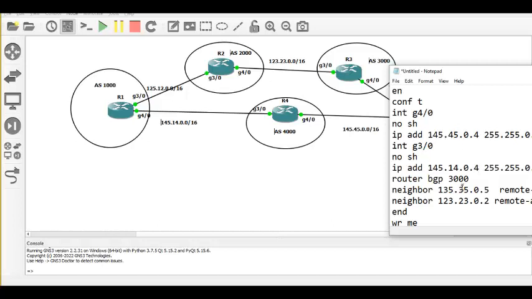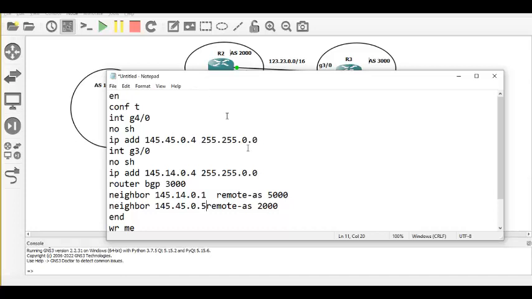The neighbors are 1 and 5, router 5, and then the autonomous system, this one is 1000, this one is 5000.